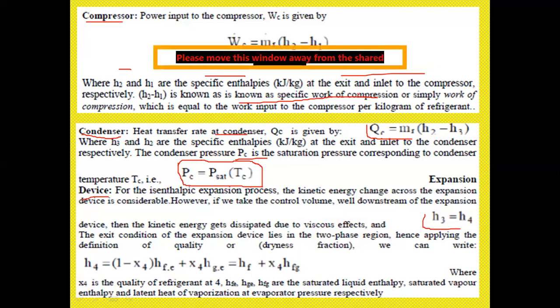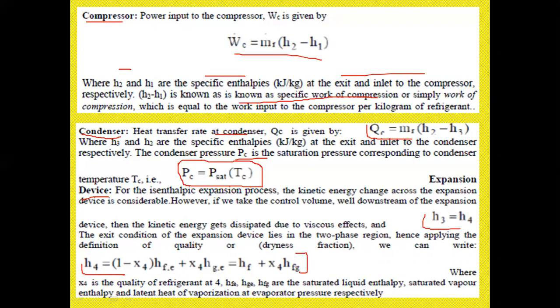Therefore, the dryness fraction can be written as H4 equals (1 minus X4) HF plus X4 HG, which equals HF plus X4 HFG. So this is the equation for this device.